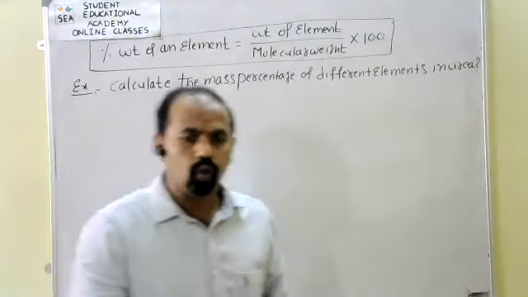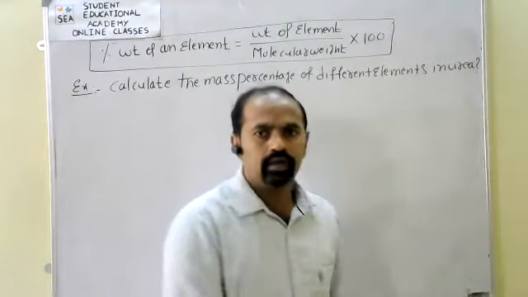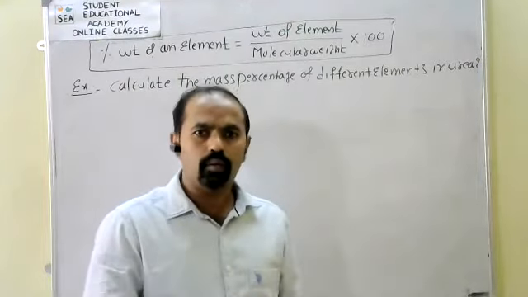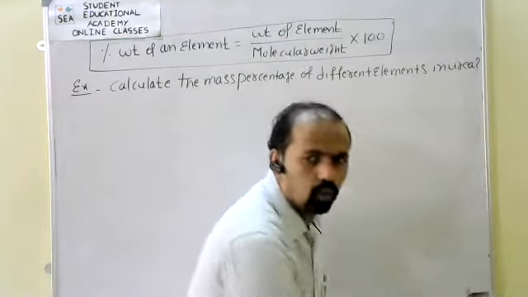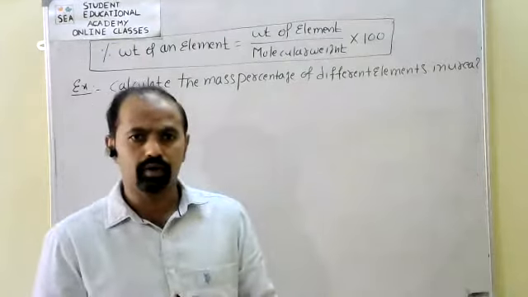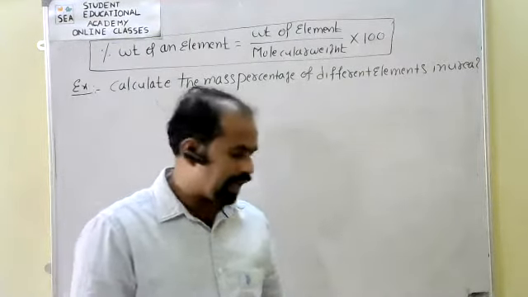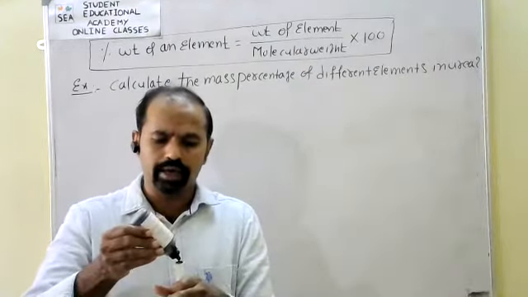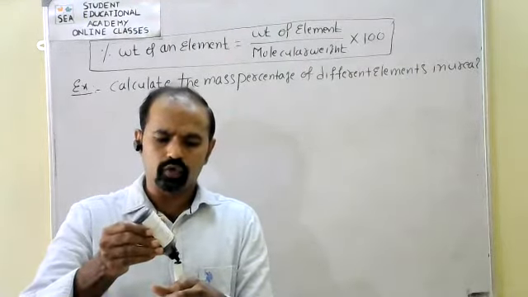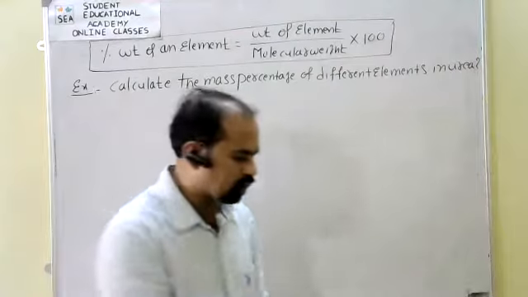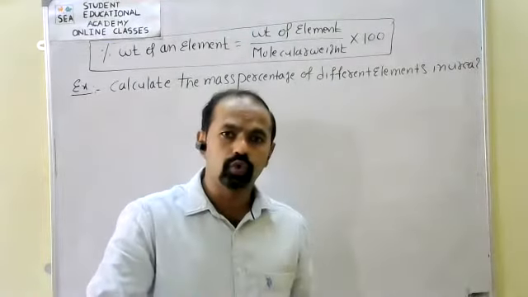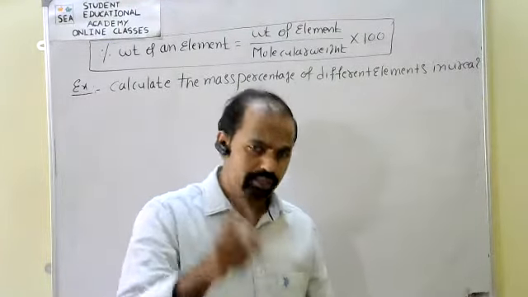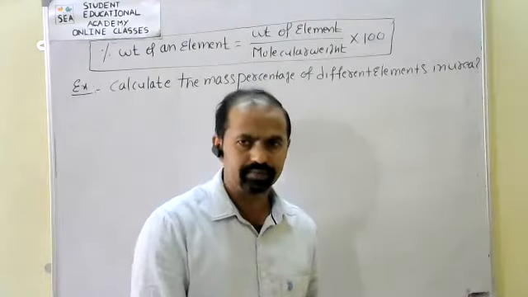Okay, now what we know is the urea molecular formula. What is the urea molecular formula? NH2CONH2. I have given that.